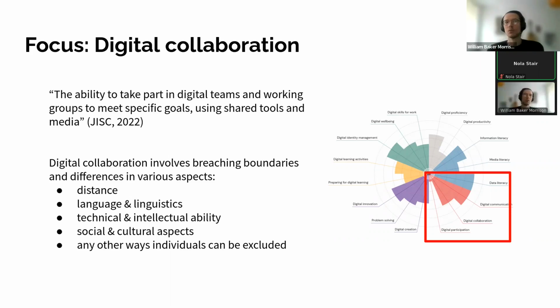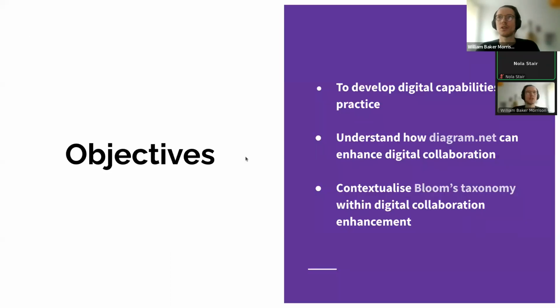We can think about all the ways in which individuals could potentially be excluded from collaborating, and all of those can be included in the ways we try to facilitate collaboration. So we're going to use that context of digital collaboration to look into this tool, Diagrams.net, to understand it in more detail, and how it can help us as teachers.